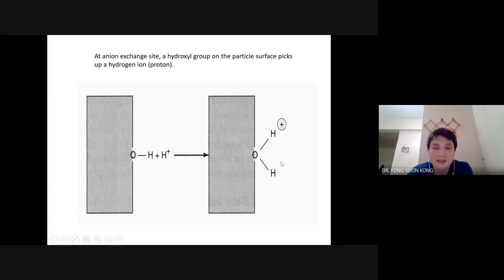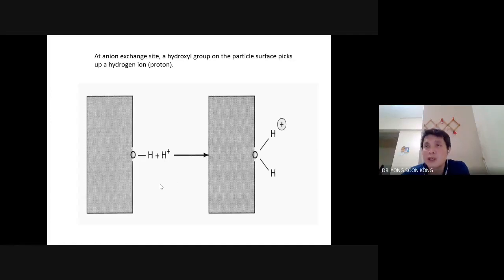I think you can guess what condition is needed. H plus, yes, it's acidic. You decrease the pH, you make it more acidic. Your soil will gain this H plus from the acidic solution, and the soil itself becomes positively charged. Whether or not this is practical, I wouldn't say, but in terms of chemistry, this is possible.